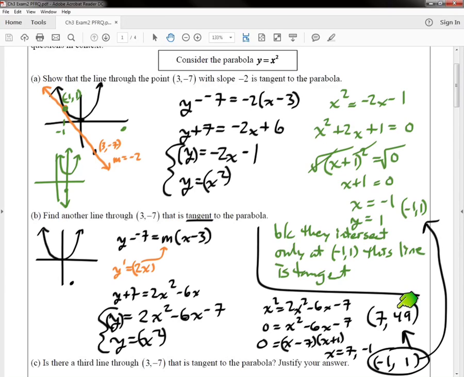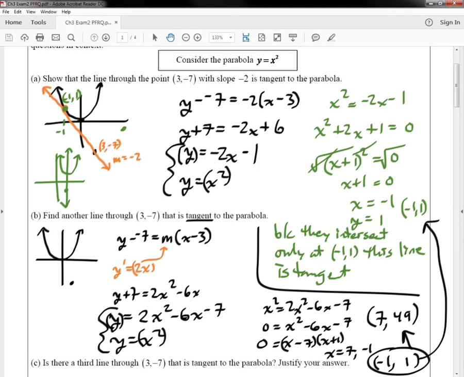So you can do one of two things. You can take this point and find your slope, or you can take this 7 and plug it into the y prime to find the slope. Not the 3. The 3 doesn't work because the 3 would give you the slope right there at that point. We want the slope at this 7, which is somewhere way up here. So if I plug 7 into my y prime, what do I get? 14.